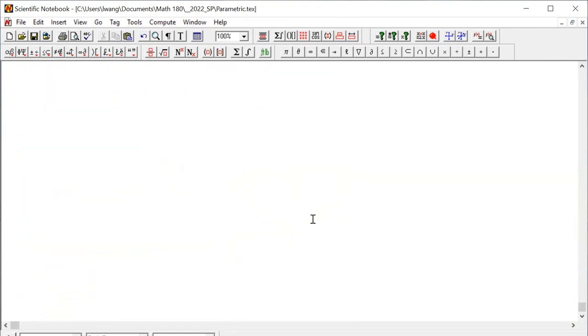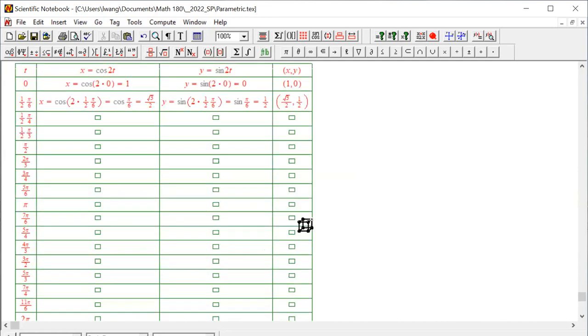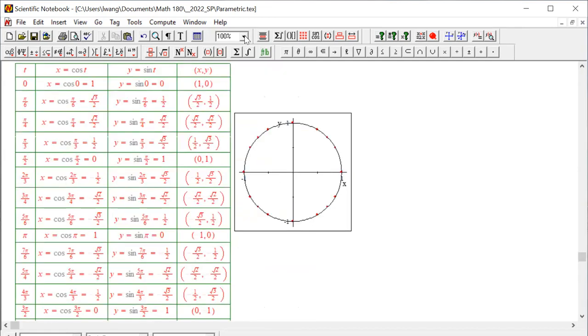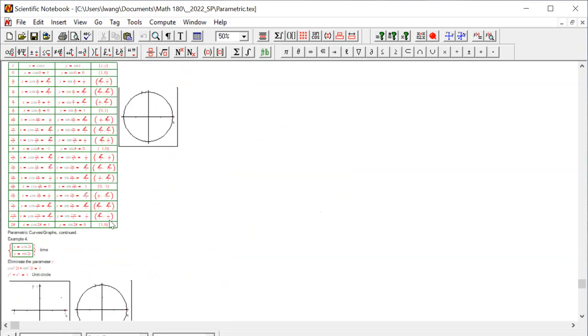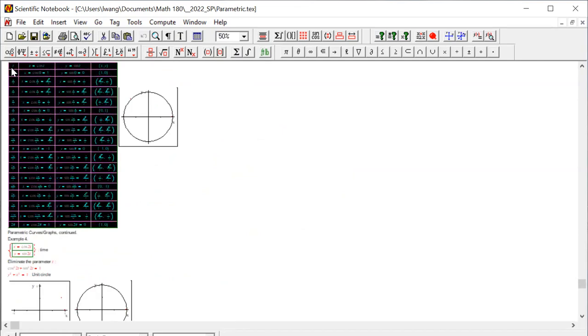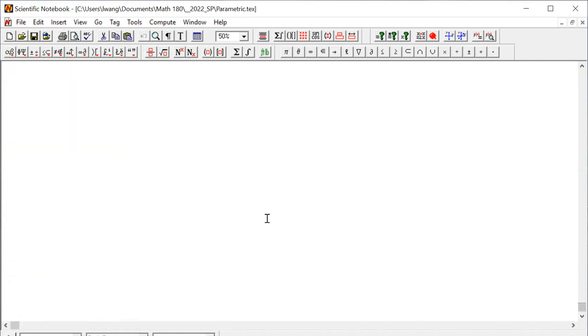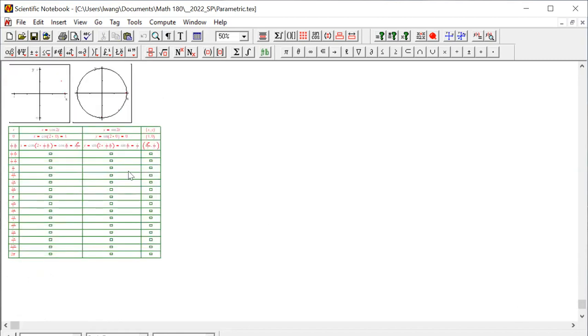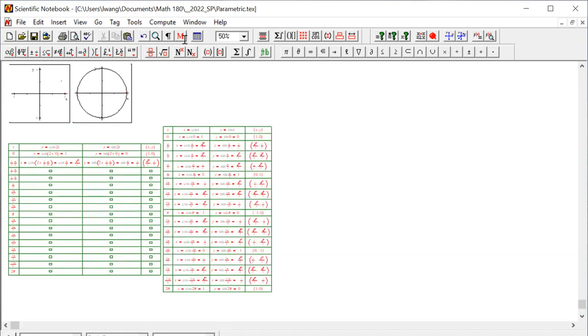Hold on, I'm sure I can do it. I'm going to make it 50%, so this way I can copy and paste the whole thing. And this is going to be, say, 125%.